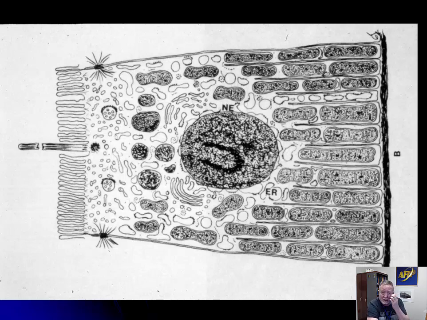Okay, so the first thing that you will notice, and really there isn't a whole lot of change here, but this cell has been stressed. And the first thing that will happen is that the sodium-potassium pumps on the cell membrane and within certain organelles will stop functioning because they don't have any energy to power them.